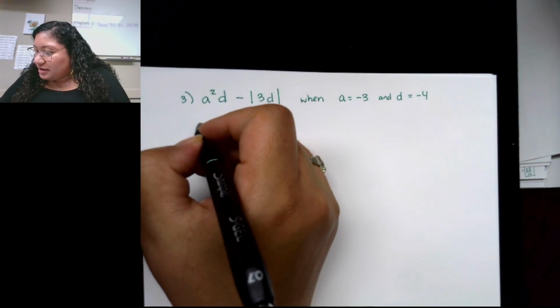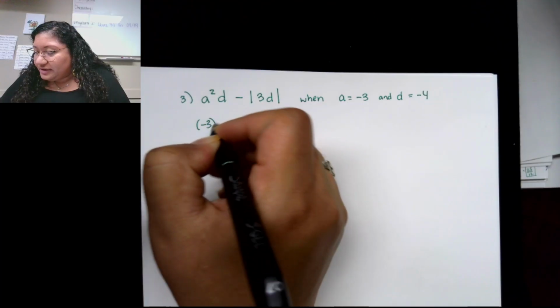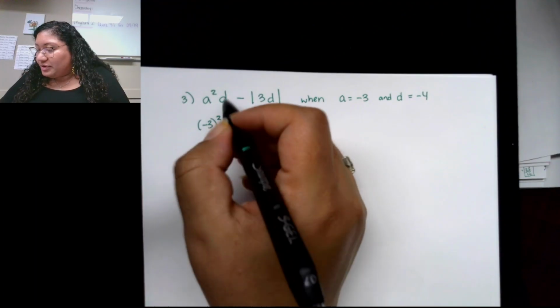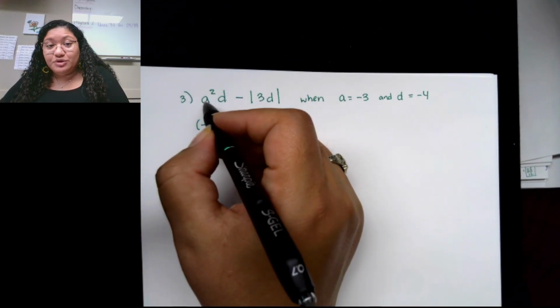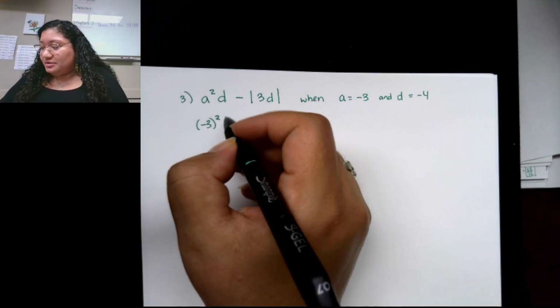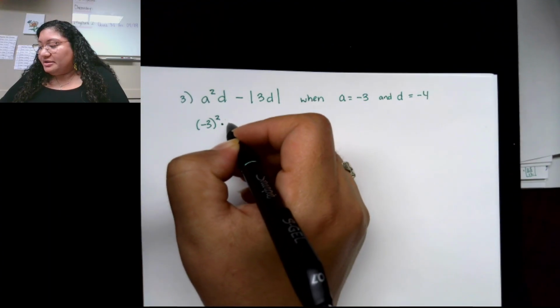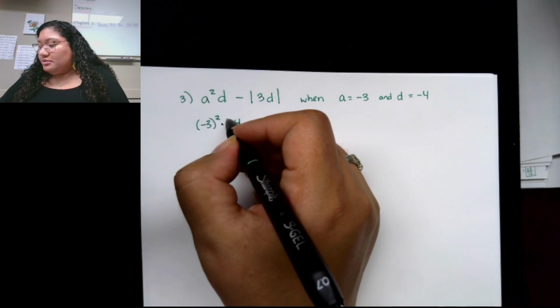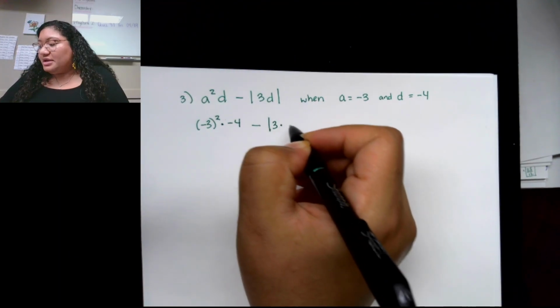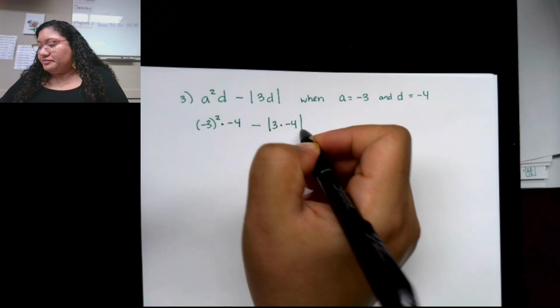So -3, the entire thing is squared. I put -4 next. This is multiplication. When they're right next to each other like that, that means multiplication. So I'm going to multiply it by -4 minus the absolute value of 3 times -4.